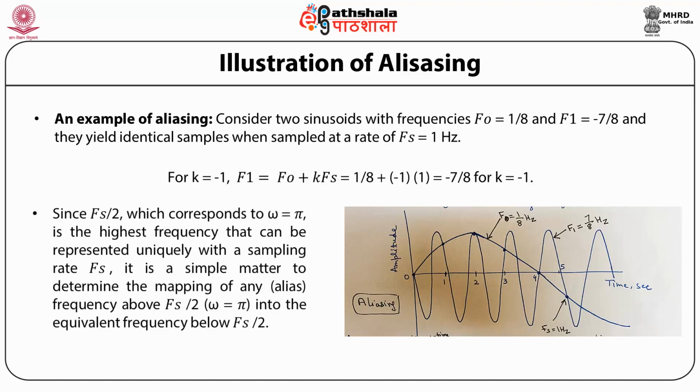Now since Fs by 2, which corresponds to omega equal to pi, is the highest frequency that can be represented uniquely with a sampling rate Fs, it is a simple matter to determine the mapping of any alias frequency above Fs by 2, omega equal to pi, into the equivalent frequency below Fs by 2.